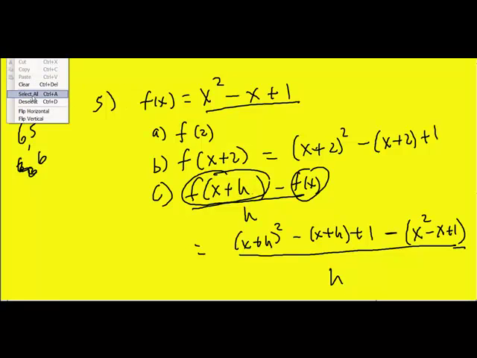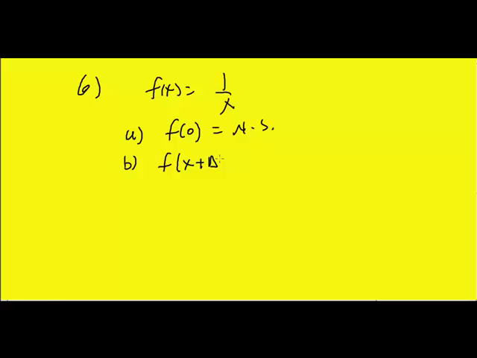6. F of x is equal to 1 over x. A, they want you to find f of 0. That is no solution. B, they want you to find f of x plus delta x, which means 1 over x plus delta x.